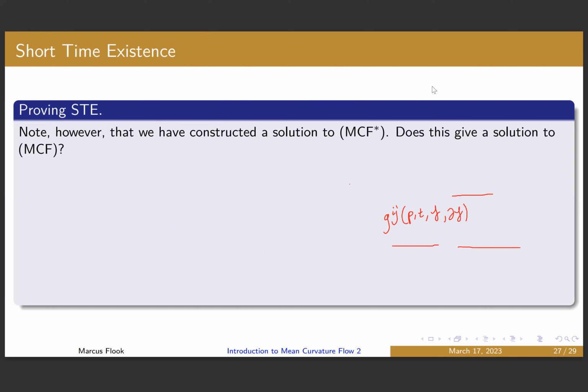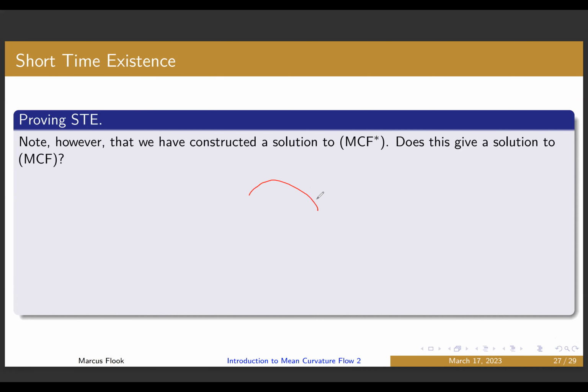Okay, so moving forward, we have a solution to mean curvature flow star. However, what we could have is some kind of system, say a sphere, where the evolution satisfies some equation which is the mean curvature, but there's some tangential component.